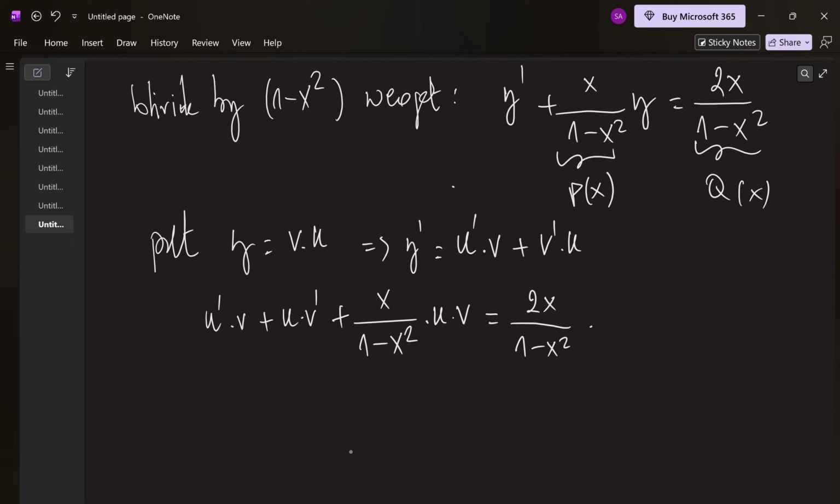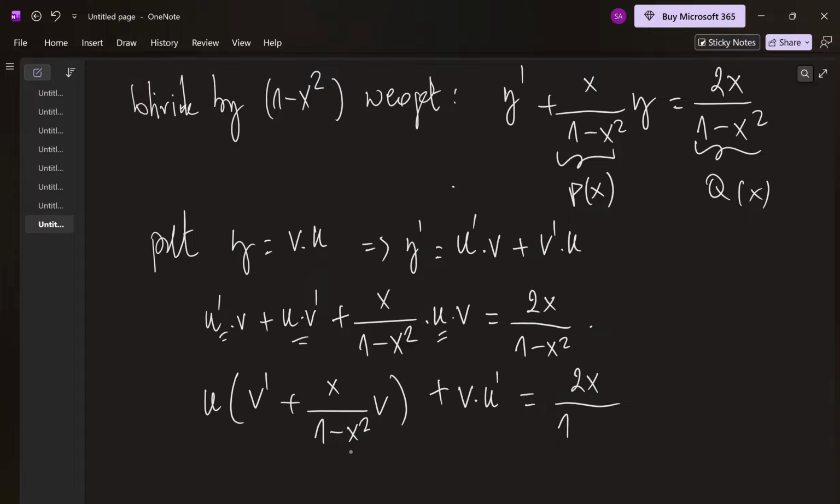Now you factor out the function u, so you get u times v prime plus x over 1 minus x squared v, plus the remaining term, v times u prime, is equal to 2x over 1 minus x squared.